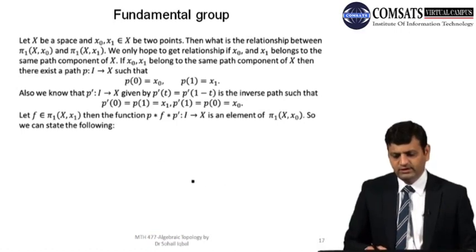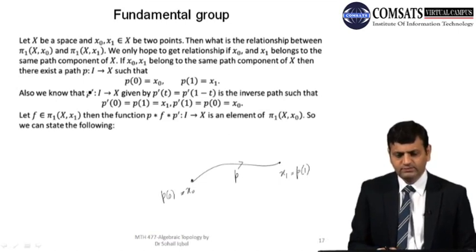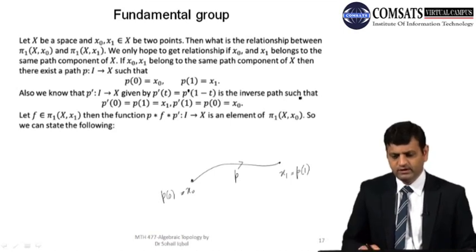Let's say this is the point x0 and this is the point x1, then there is a path p such that this is p of 0 and this is p of 1. Also we know that p prime, given by p of 1 minus t, is the inverse path, and p prime moves in the opposite way.